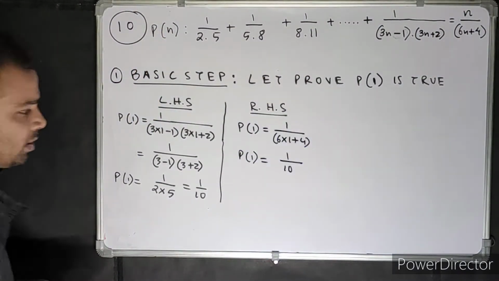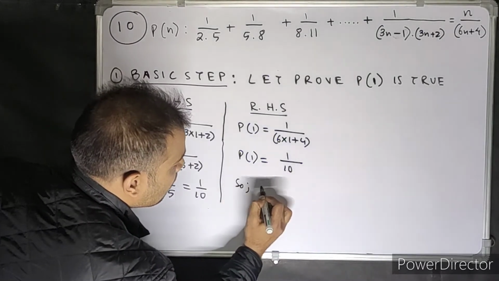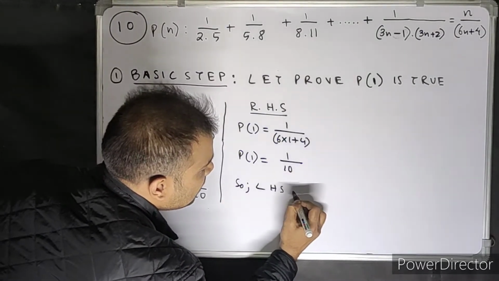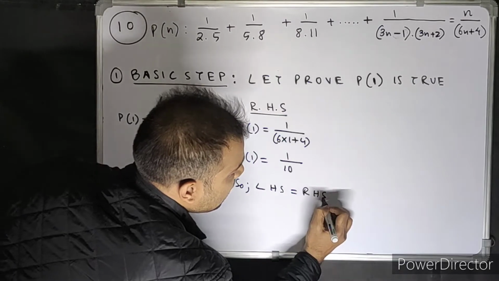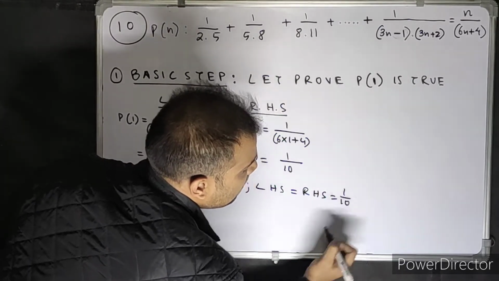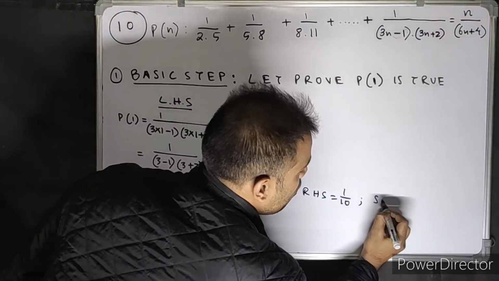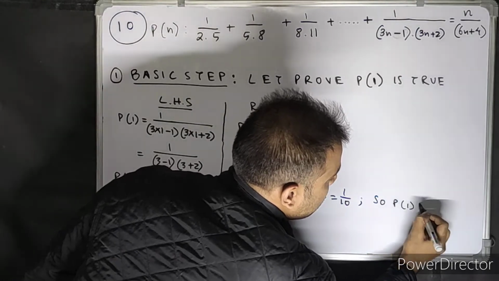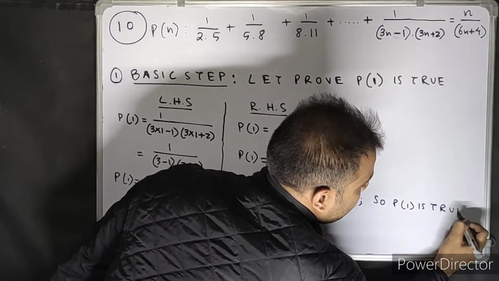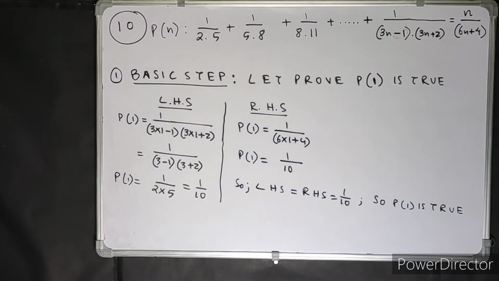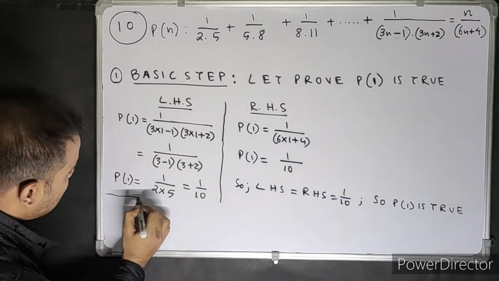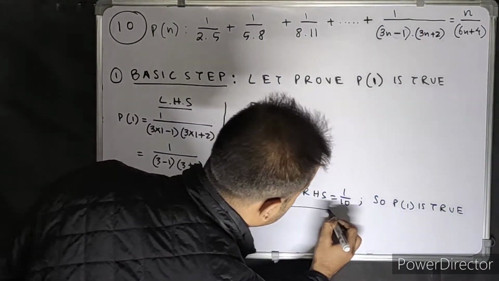So now you can write LHS is equal to RHS, which is equal to 1 by 10. So P of 1 is true. That is your basic step, and it's over.